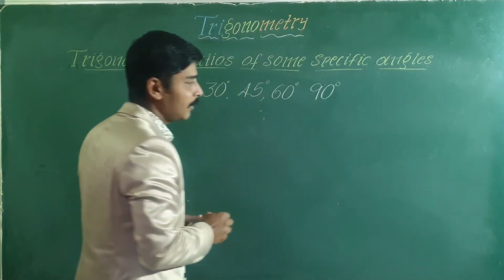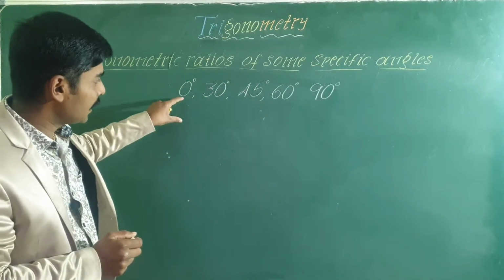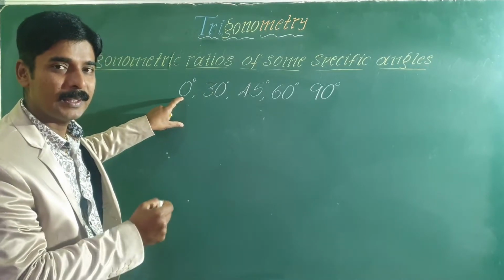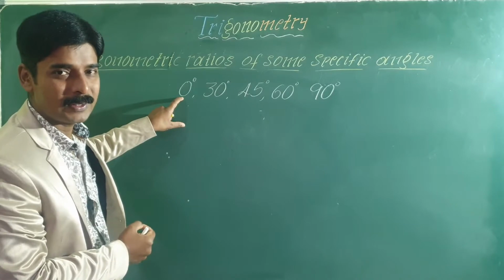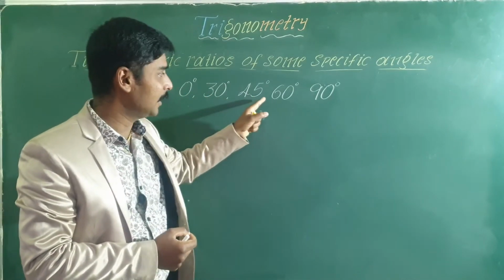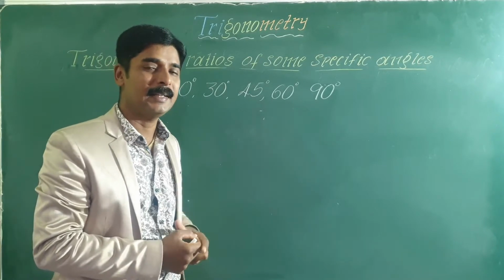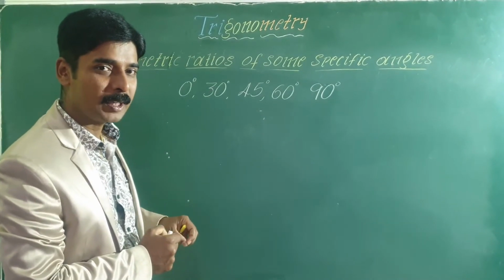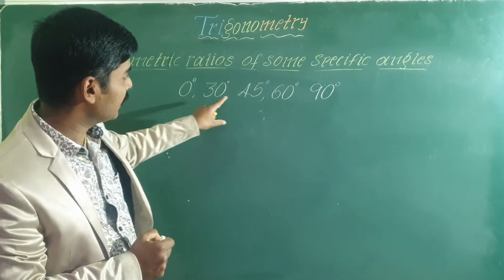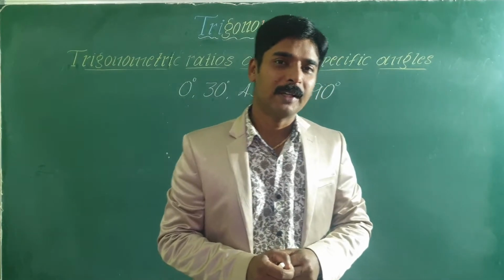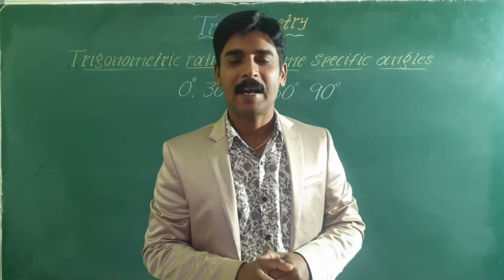That is, we are going to find the value of sin 0 degree, cos 0 degree, tan 0 degree, cosecant 0 degree, secant 0 degree and cot 0 degree. Similarly, we will do it for 30 degree, 45 degree, 60 degree and 90 degree. Once we know the values of all the trigonometric ratios for these angles, then we can find the value of trigonometric ratios for any other angles.